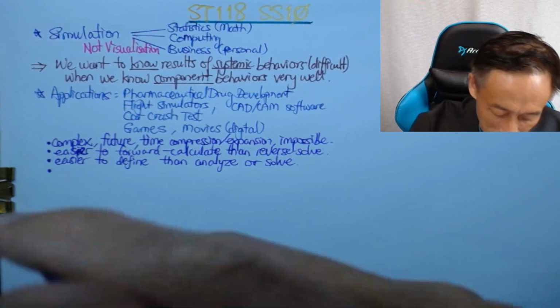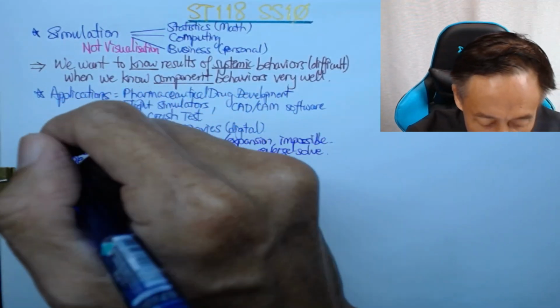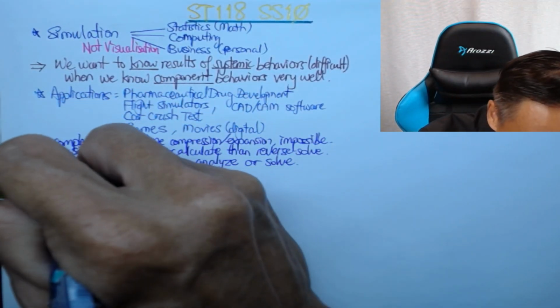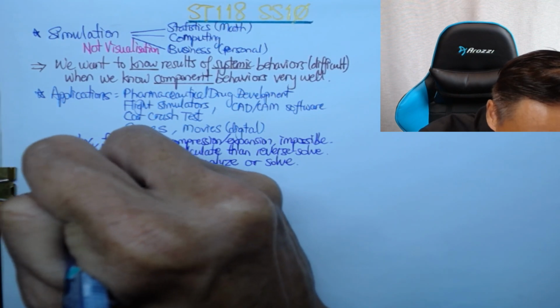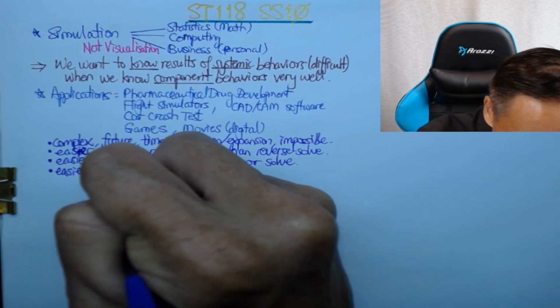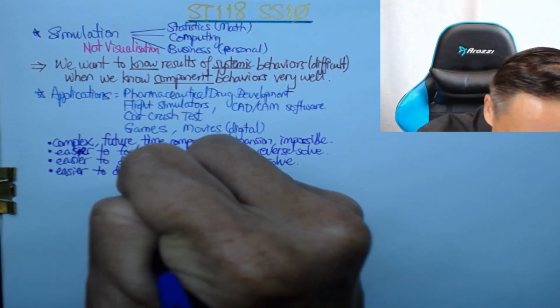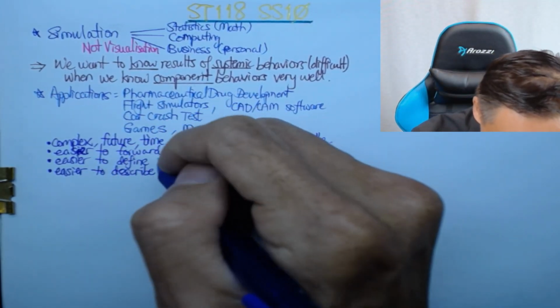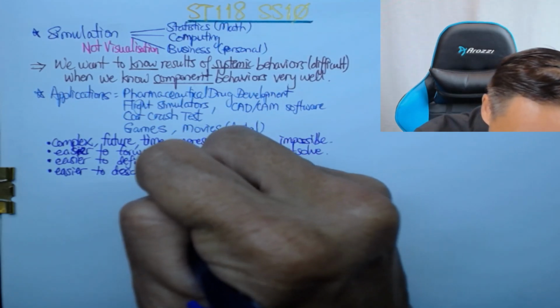So situations where simulations are useful often have these characteristics as well: easier to describe the rules and constraints.